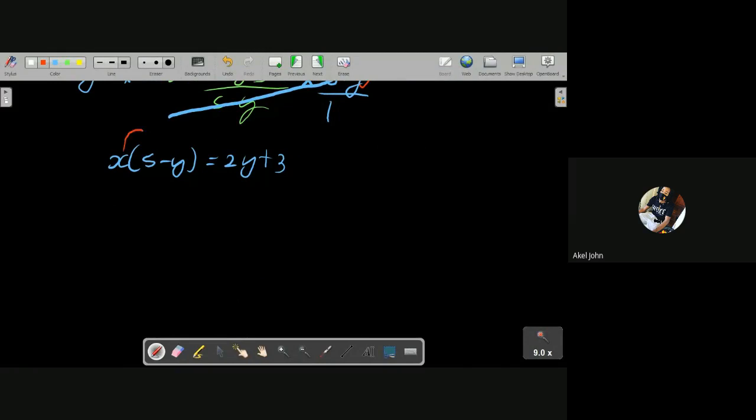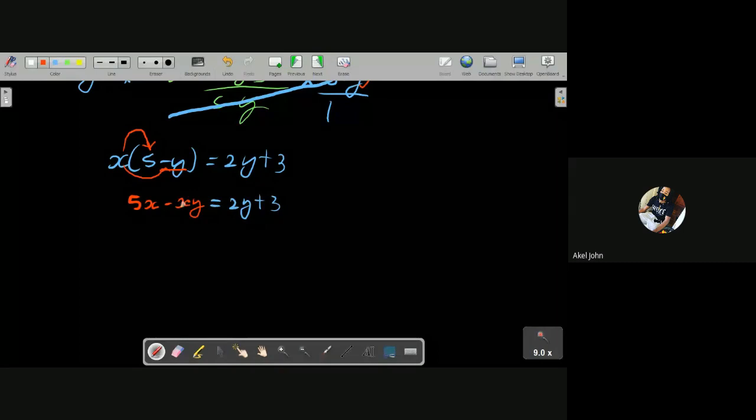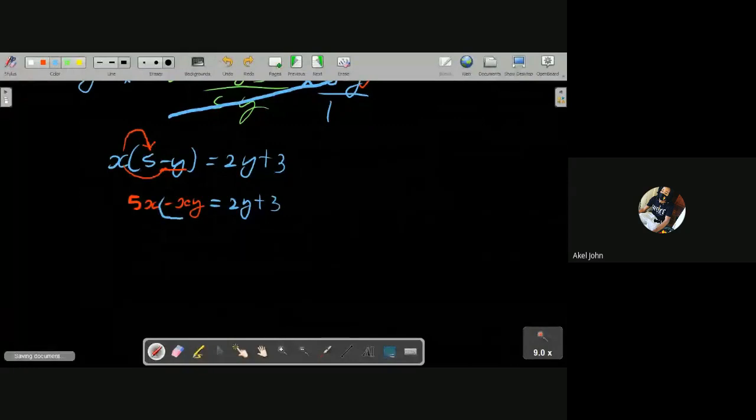x multiplying 5 would give you 5x. Positive x multiplying negative y would give you negative xy. And all that is equal to 2y plus 3. And then you would do grouping. So we need to put all the y's on the same side. I'm going to take this negative xy and put it on the right hand side.